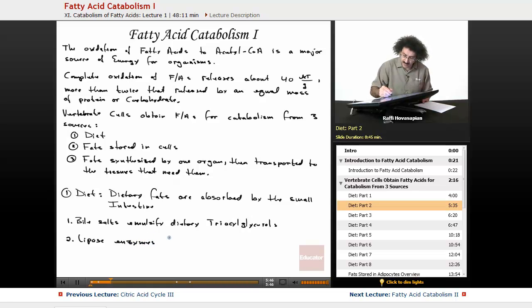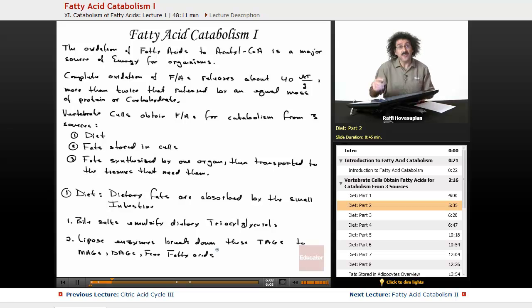Now, 2. Lipase enzymes break down these triacylglycerols, which I will abbreviate as TAGs, to monoacylglycerols, diacylglycerols, free fatty acids. So free fatty acids, those are just the long chain carboxylic acids. We just call them free fatty acids.